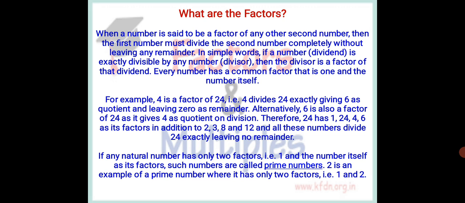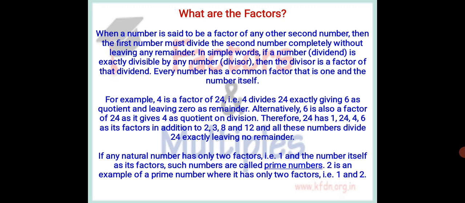Here, listen to this statement. It is in very simple words. It explains all about factor. If a number is exactly divisible by any number, then the divisor is a factor of the dividend.